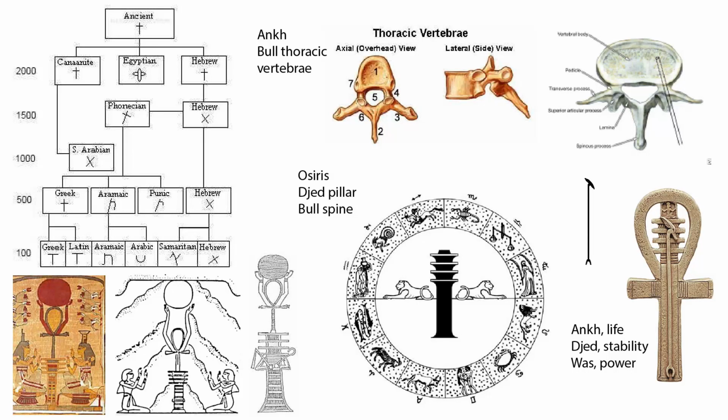The Ankh from the thoracic vertebrae, the Djed pillar from the spine, and the Was scepter was supposed to be a dried penis. So again, that's why you have the Ka and the penis and the bull, and infographic number 2 related to the power and the fertility and strength. Well, the Was scepter relates to power, authority, and dominion.